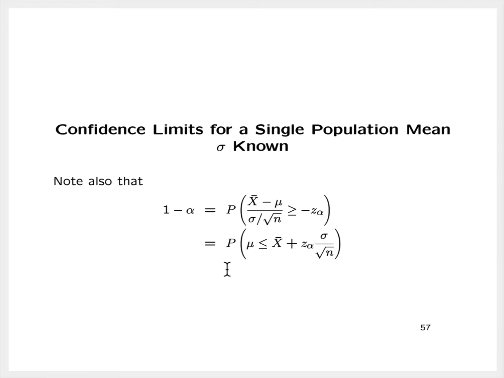We can think of this as the probability that the population mean mu is less than or equal to the random variable x bar plus z sub alpha times the standard error of x bar is 1 minus alpha.